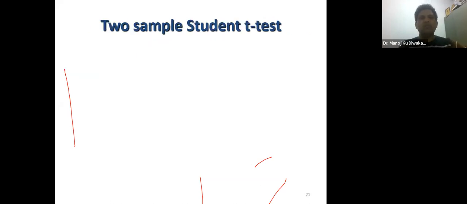Now let's broadly discuss the two sample t-test. The concept is clear: we are comparing the mean value of two samples.